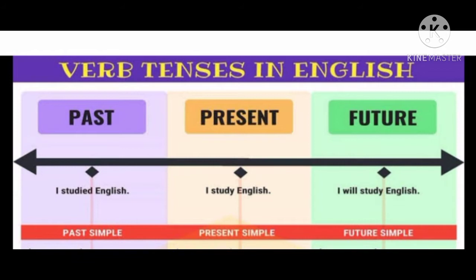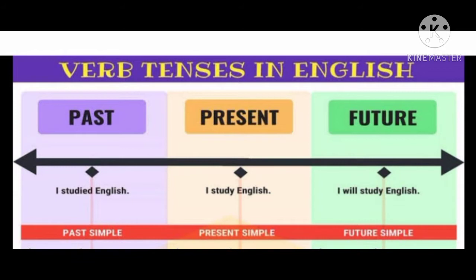In forming past tense, you should use the irregular verbs by changing their spelling. The other one is the regular verb, which is adding D or ED at the end of the word.